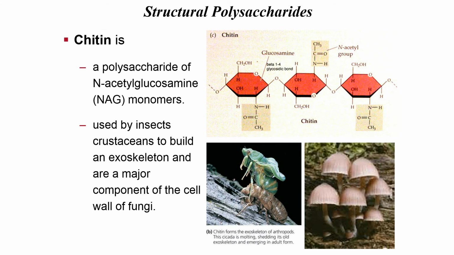Now, chitin. Chitin is another structural polysaccharide. This structural polysaccharide is found in fungi and in arthropods, insects. For fungi, it forms the cell wall.